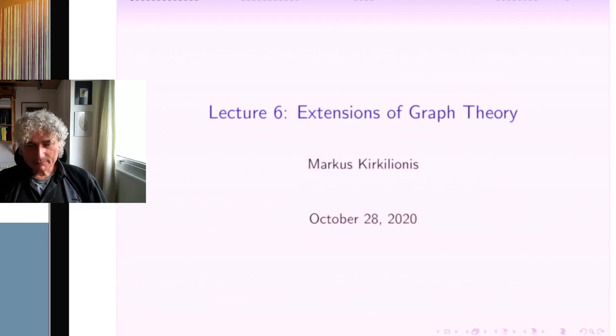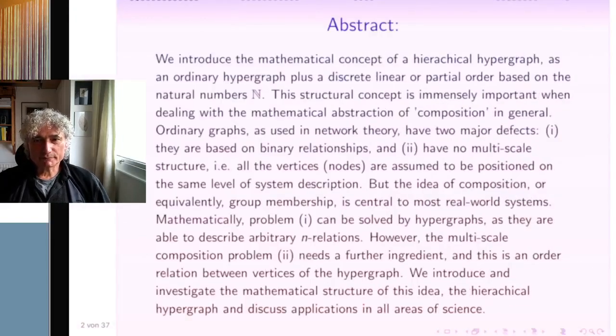So we go into a short overview of the lecture today. The problem with graph theory is that you have two defects, and these defects are with respect to mathematical modeling. Of course, there is nothing wrong with graph theory as such. It can solve many applied problems, so it's very valuable.